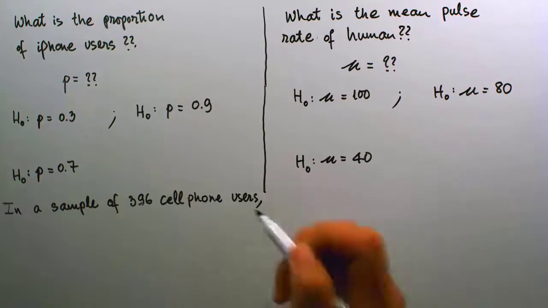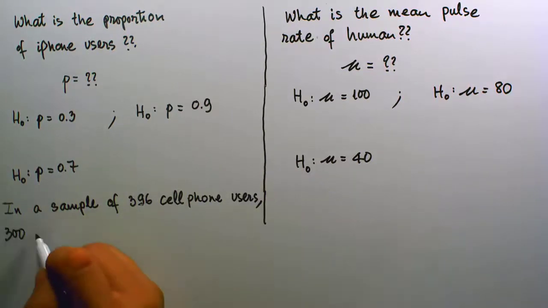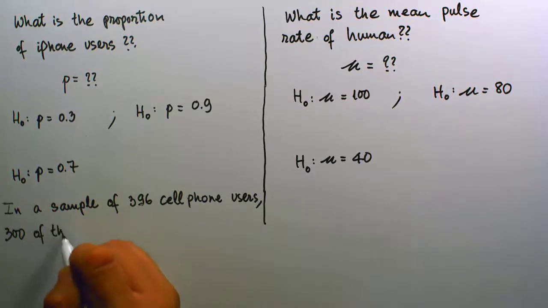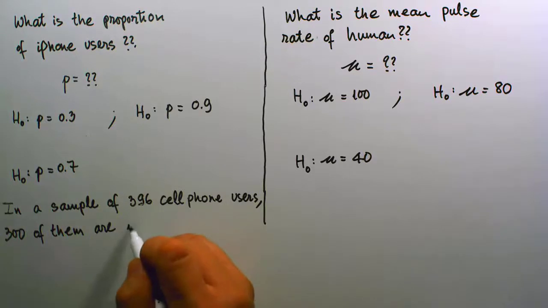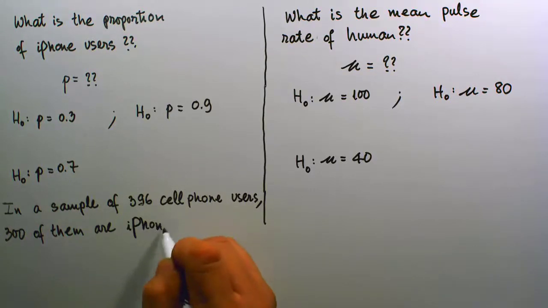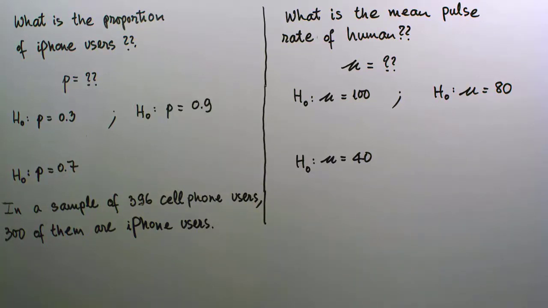In that sample, we found 300 of them to be iPhone users. And so now this sample description gives us a sample proportion.